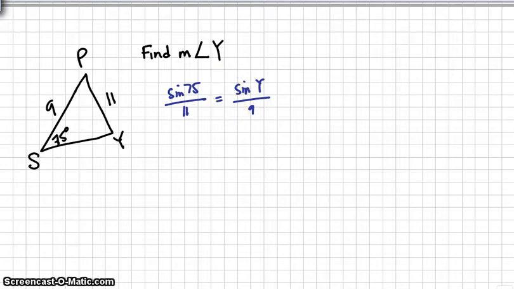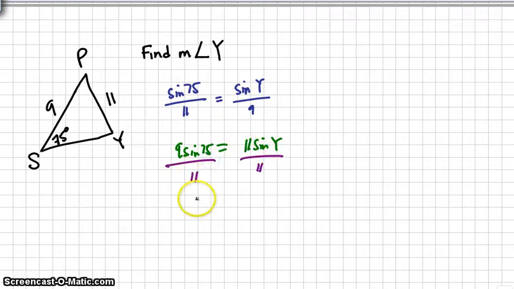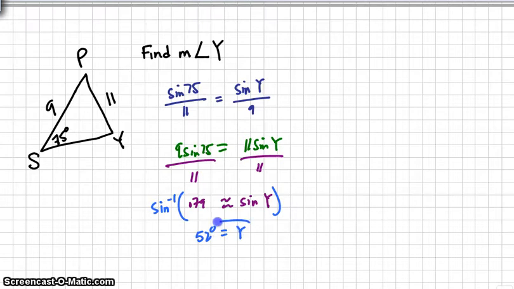If we cross multiply here, we get 9 sine 75 equals 11 sine y. Trying to get the y alone here, we would divide by 11 on both sides. Calculating here, we get about 0.79 is equal to the sine of y. Take the inverse sine of everything. When we take the inverse sine here, we get about 52 degrees for the y value, or for the angle.